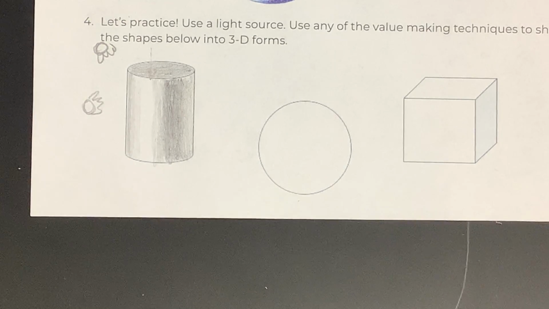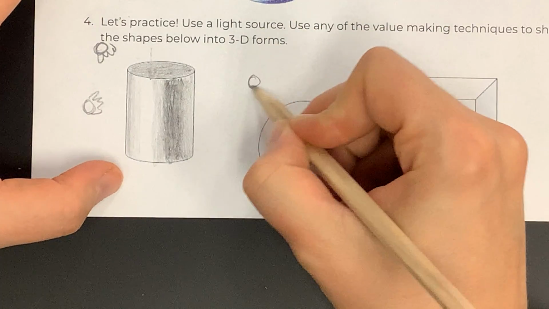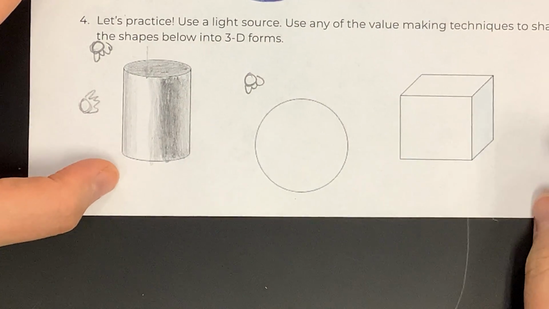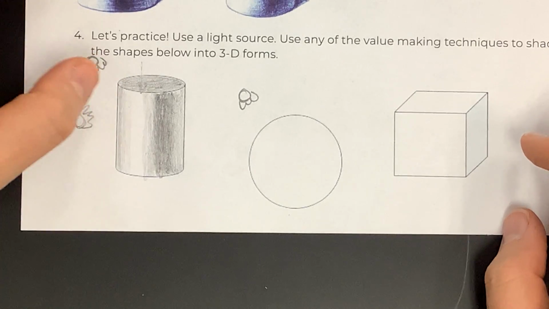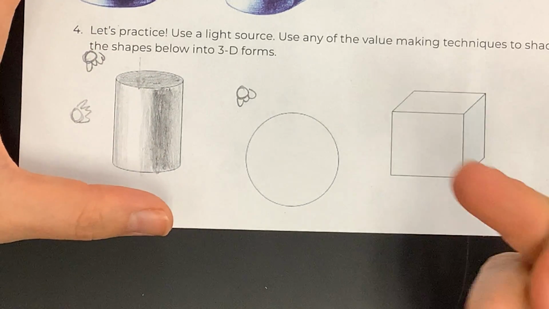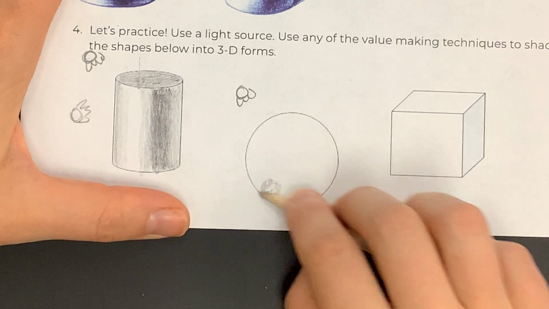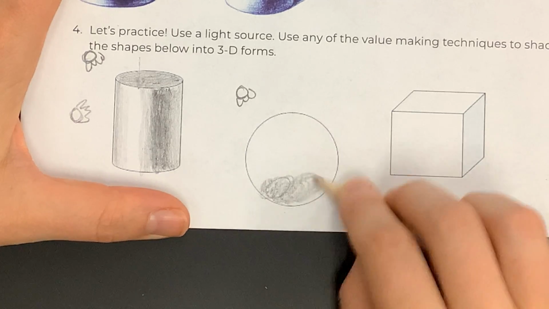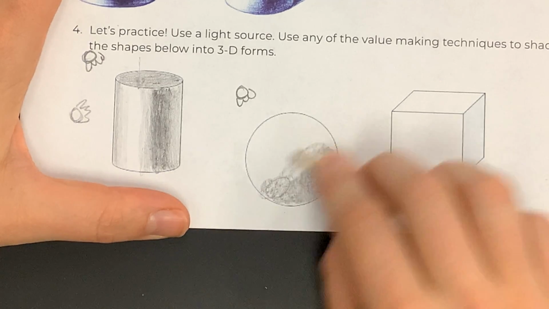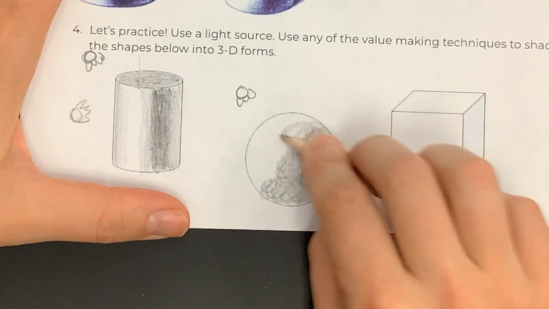Our sphere, we're going to use rendering for our technique. So let's add our little light source, just like our example up top here. I'm going to take my HB pencil and fill in the whole thing with big ovals. One flat value.